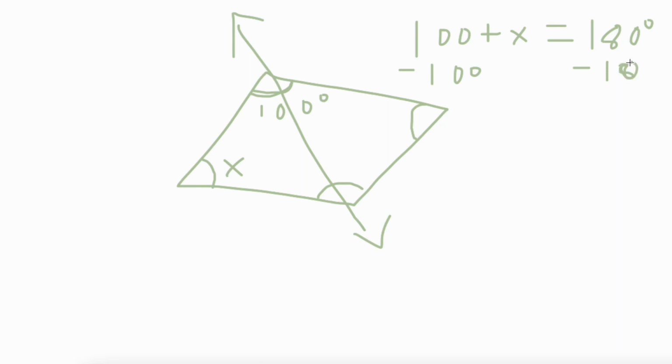So for example, if this was 100 degrees, then I would know that 100 plus, let's call this angle X, is equal to 180 degrees, as they are adjacent angles. 180 minus 100 is going to be X is equal to 80 degrees.